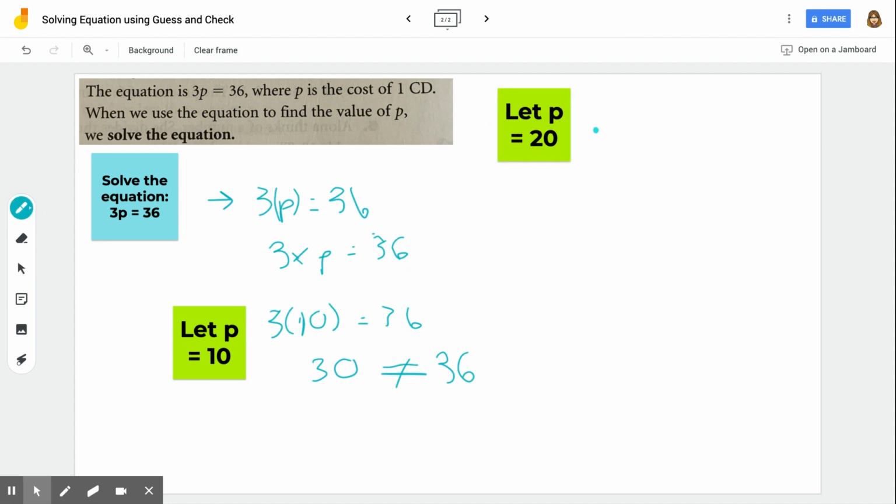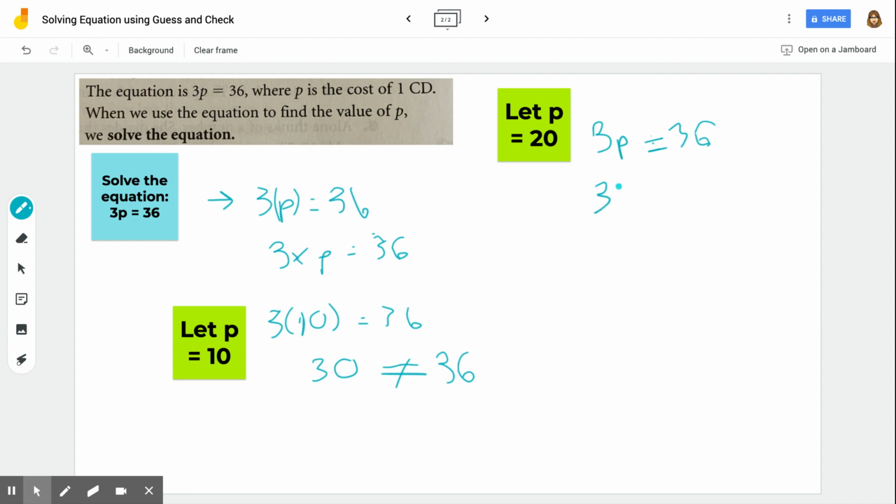So again, my formula is 3 times p equals 36. All I'm doing is substituting 20 for the letter p.